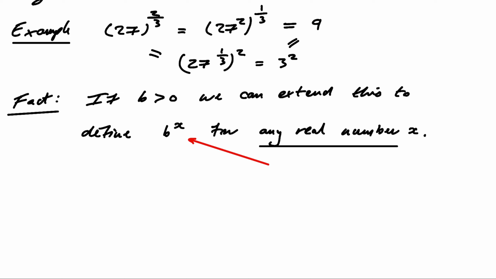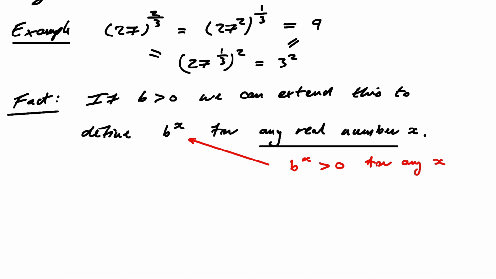When you go through the entire procedure of defining b to the x for any x, it turns out that you always get a positive number out at the end. Strictly positive, it turns out. This is for any x. It's just a nice thing to bear in mind, even if x is negative, right? Remember, 2 to the minus 1 is equal to a half, which is certainly positive. You run into tons of issues if you try to do this with b negative because of things like square roots of negatives. We kind of sidestep it entirely.